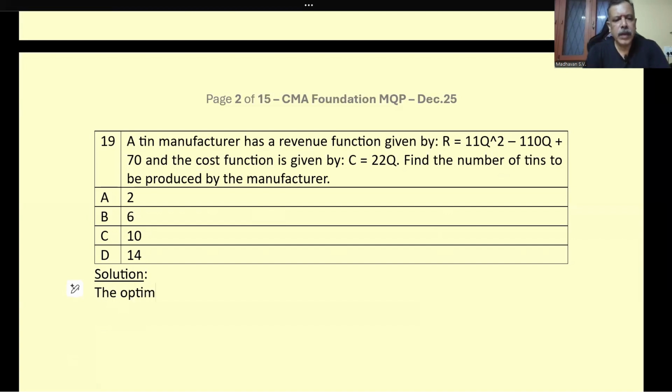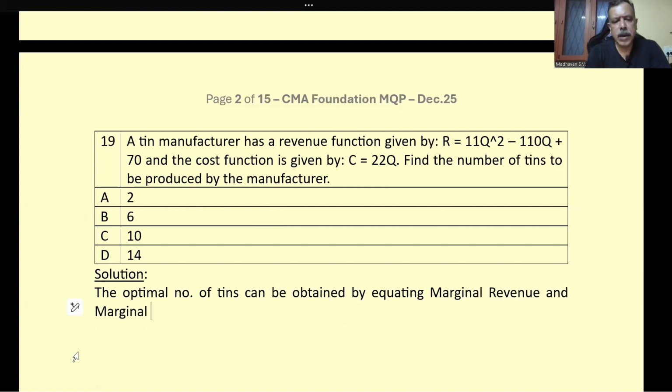The optimal number of tins can be obtained by equating marginal revenue and marginal cost.